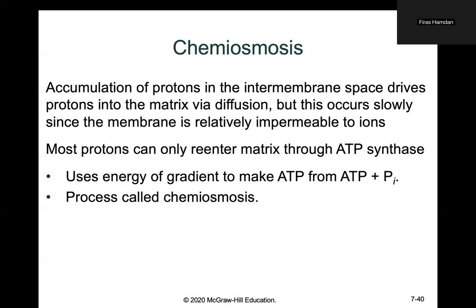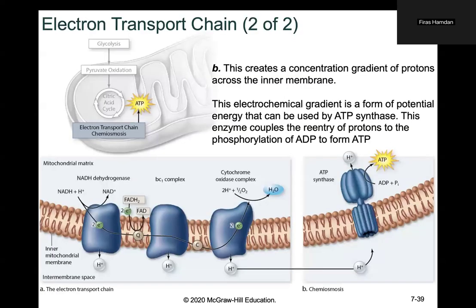That's chemiosmosis. So the electron transport system creates energy via chemiosmosis, through the movement of hydrogen protons from the intermembrane space to your mitochondrial matrix via the ATP synthase. And that is the thing that creates energy.